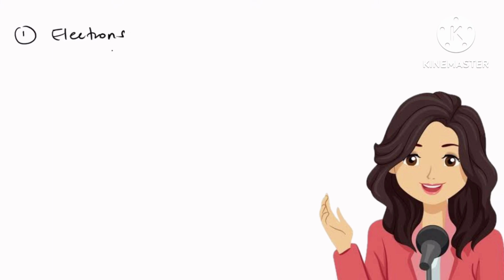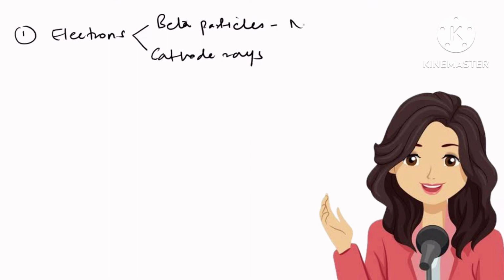Electrons are classified into two according to their origin. First we have beta particles, and second we have cathode rays. The origin of beta particles is the nucleus of radioactive atoms.